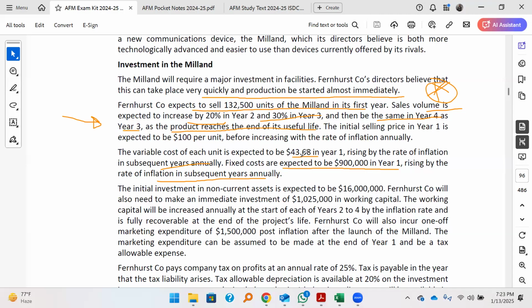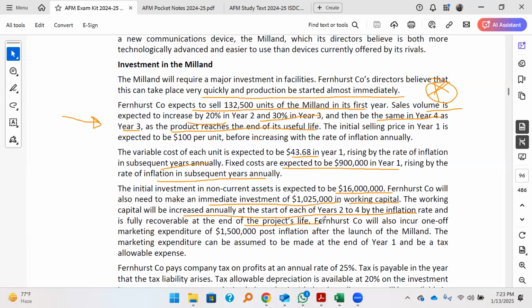Then they are going to invest 16 million initially in non-current assets. Then they make an immediate investment of 1.025 million in working capital. They will increase it annually at the start of each year by the inflation rate, and it's fully recoverable at the end of the project's life.